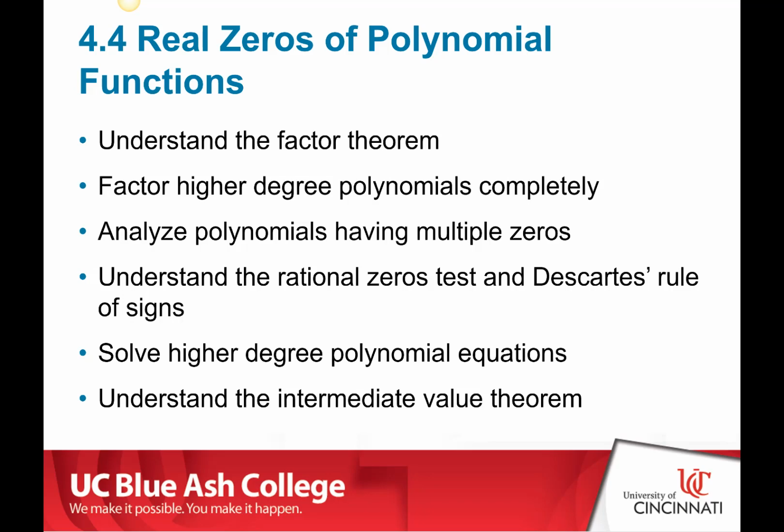That means we're going to start looking at stuff like x to the 4th minus 3x cubed plus 8x squared minus 9x plus 4, and come up with strategies for factoring that completely and figuring out what the zeros are. Okay? Oh, that's the third one. It says analyze polynomials having multiple zeros.